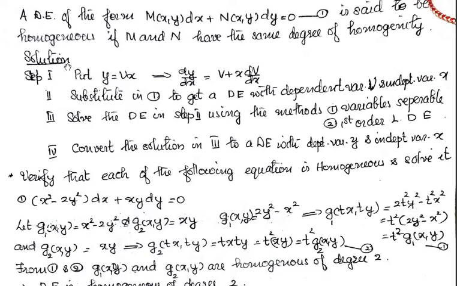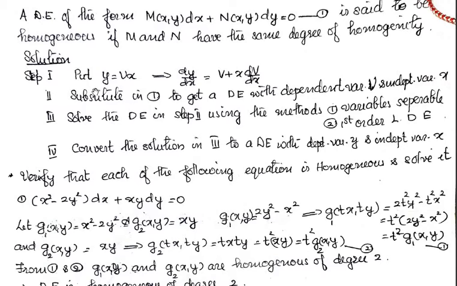Now the solution method. Before going to the solution method, I request you to recollect the integration by partial fractions from your plus 2 classes. It will help you to do the problems very quickly.